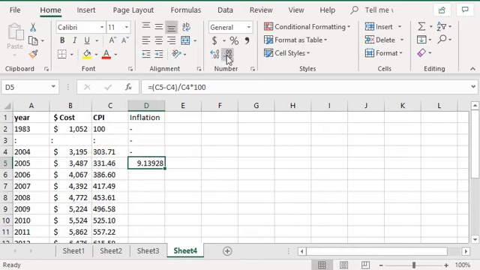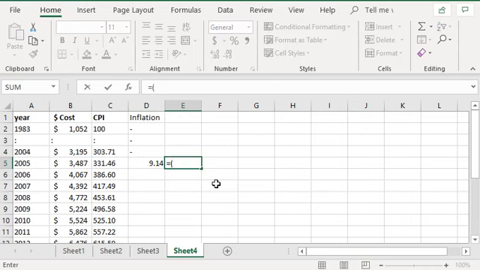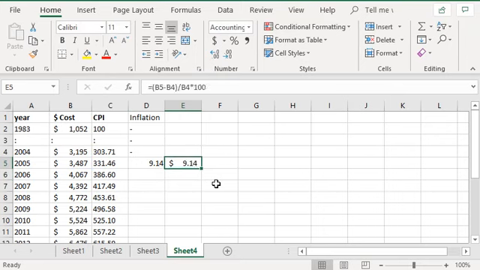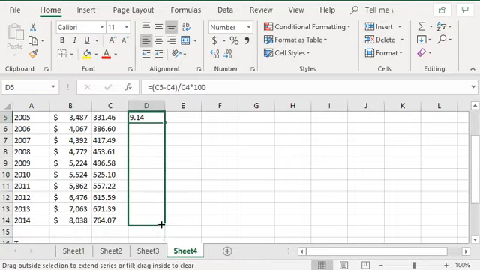Now we get the same value if we'd used the dollar cost of the market basket instead. We get the same exact number. So I'll go ahead and drag this down, and we have all the inflation rates.